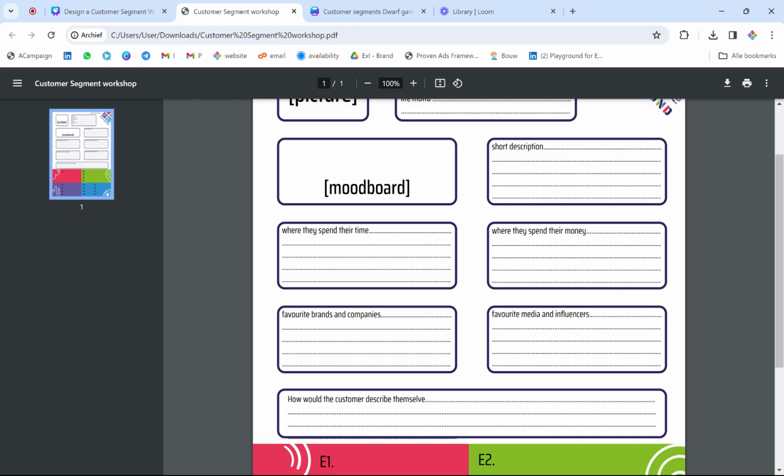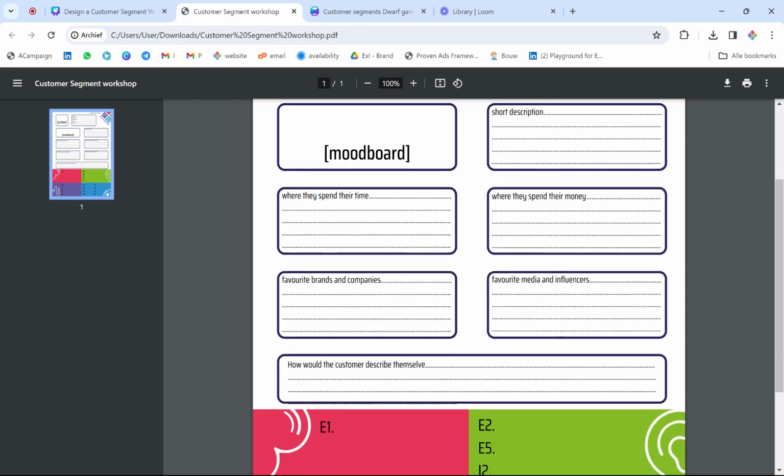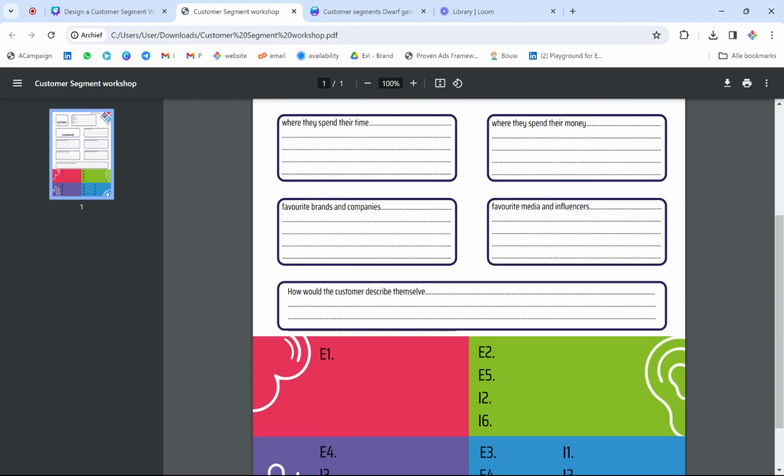So what are their priorities? How much do they spend on the cost of living? How much do they spend on the cost of food? How much do they spend on their hobbies? Are they passionate about anything that they spend a lot of money on? What are their favorite brands and their favorite companies?